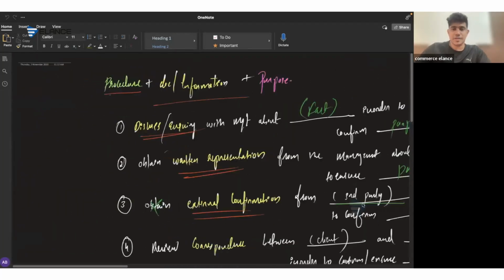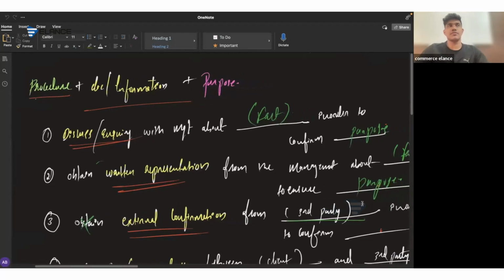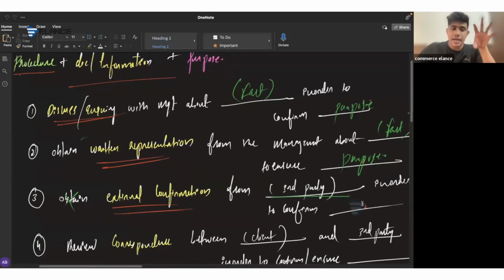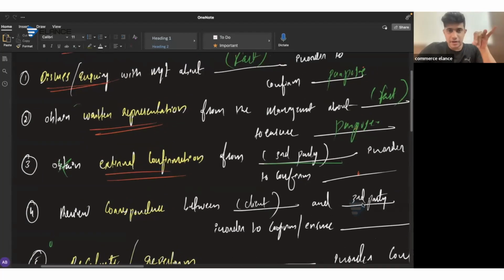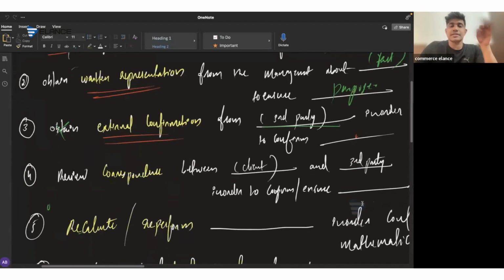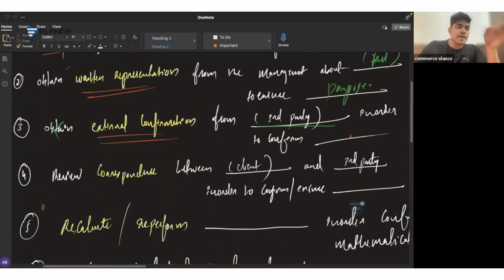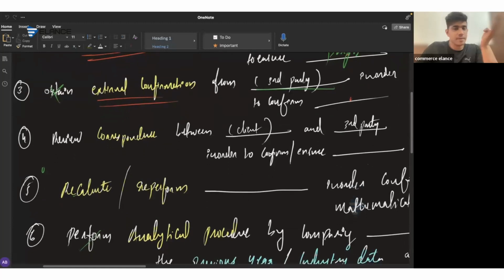So whenever you get a question, you have to ask yourself whether there is something which I can inquire or discuss with the management. Is there anything about which I can obtain a written representation? Is there any person outside the company from whom I can obtain an external confirmation? Is there communication between the client and any other party which I can review in order to understand the details?